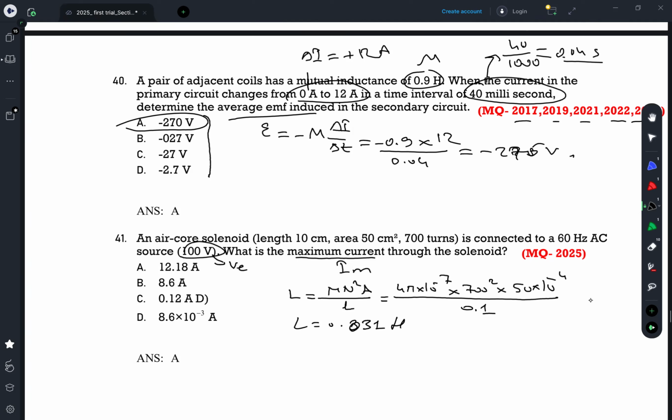And XL is going to be 2 pi F L, 2 pi is 6.28, F is 60, L is 0.031, multiplied by 60 times 6.28. The result is almost 11.6 ohm.